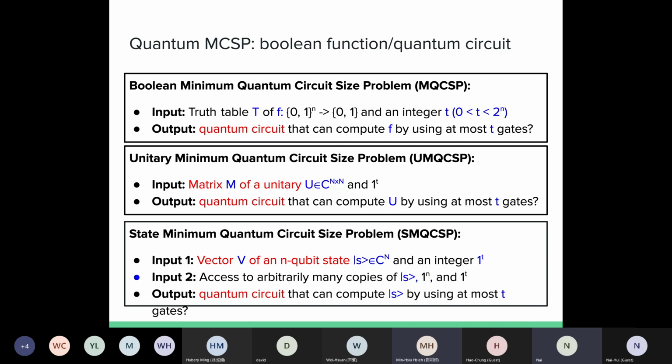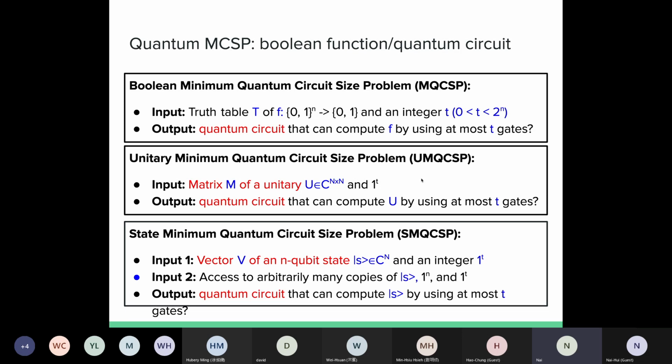Yeah, okay, I can say this first. The first one, the MCSP problem, I think is slightly easier because we find a reduction from this one to the second one, the unitary MCSP. But except for that reduction, we don't know any other reductions between them. The state version of MCSP is a little bit mysterious. I cannot see any connection to these two.